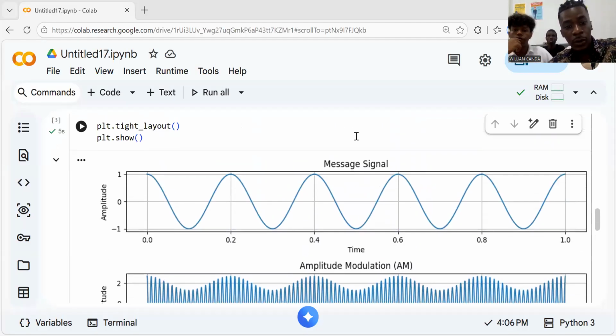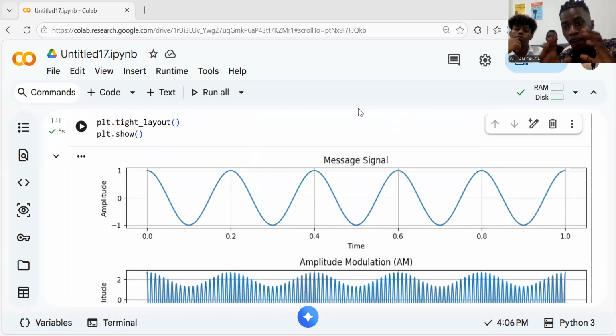So here we go, in our message graph we can see the signal from the AM. The message signal is showing here, that's the good part of that. For the AM, the frequency is constant, but the amplitude varies. If you see these signals, it seems sinusoidal.